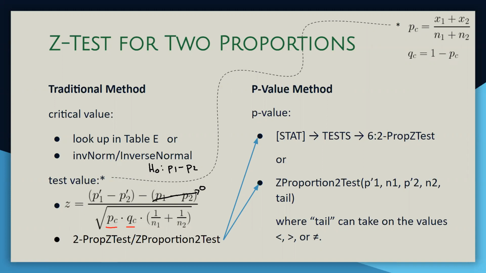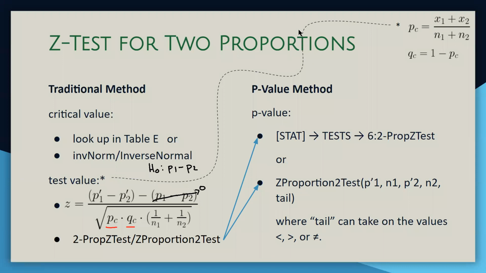Or in GeoGebra, the function call is the proportion z-test. TI-84 is going to prompt you for what it needs. GeoGebra, you need the sample 1 proportion and sample 1 size, and then the same information for sample 2. Sample 2 proportion, sample 2 size, and then the tail determined by your alternative statement.